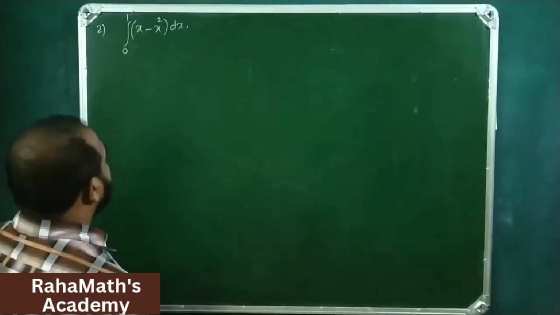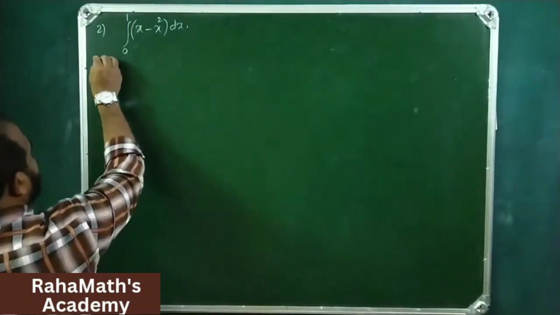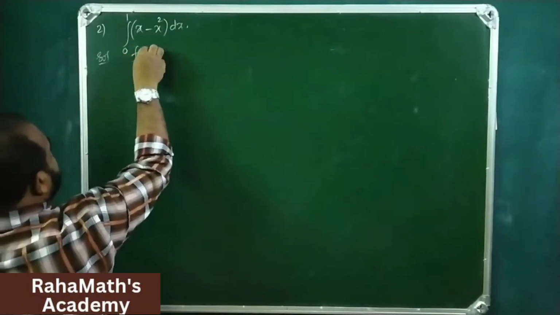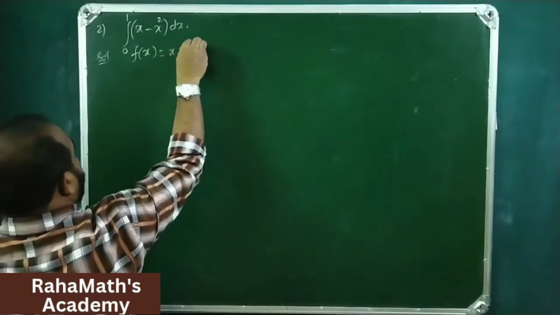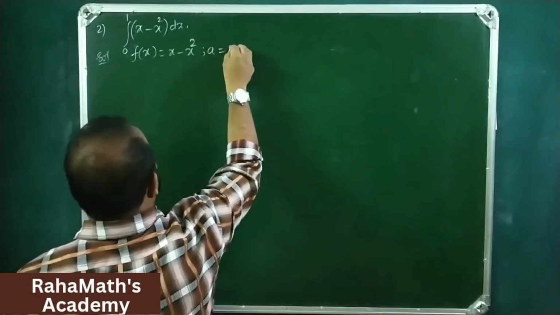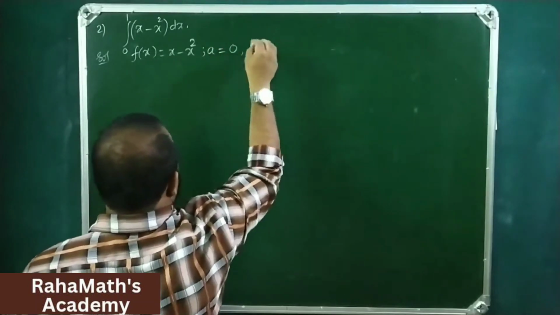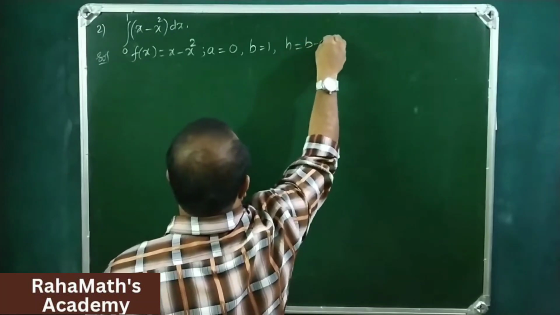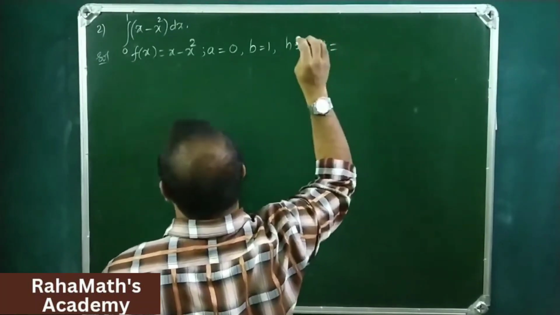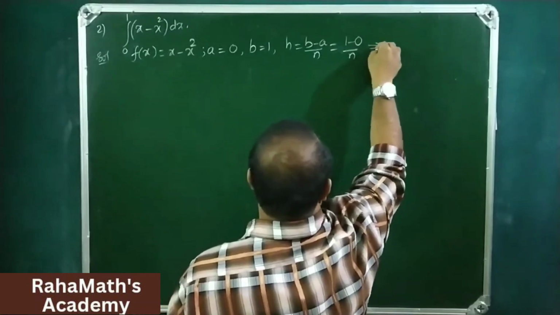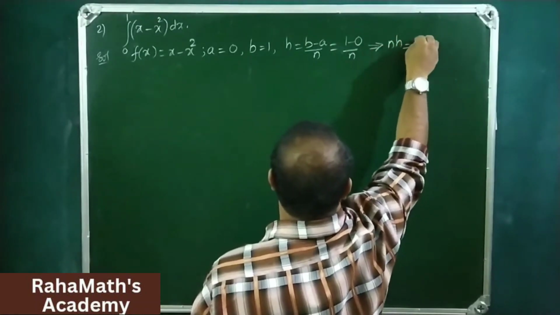Integral 0 to 1 x minus x square dx. F of x is x minus x square. A value is lower limit 0, upper limit b equals to 1, h is equals to b minus a by n, 1 minus 0 by n, so that is equals to nh value is 1.